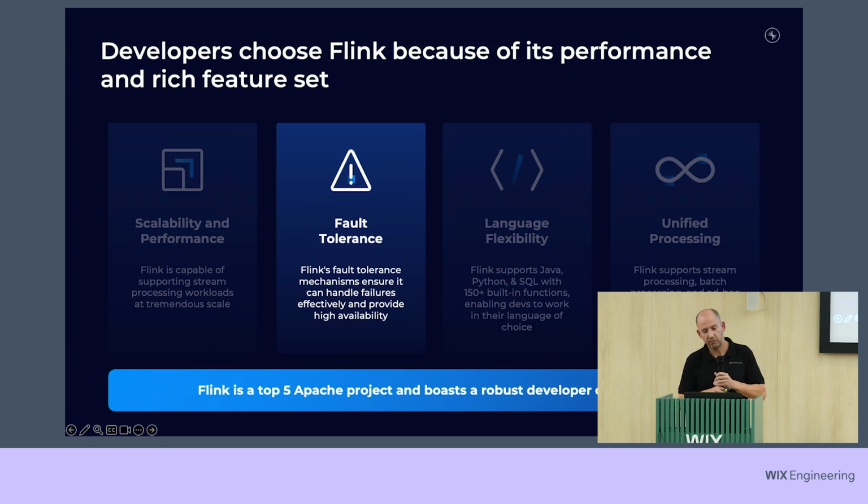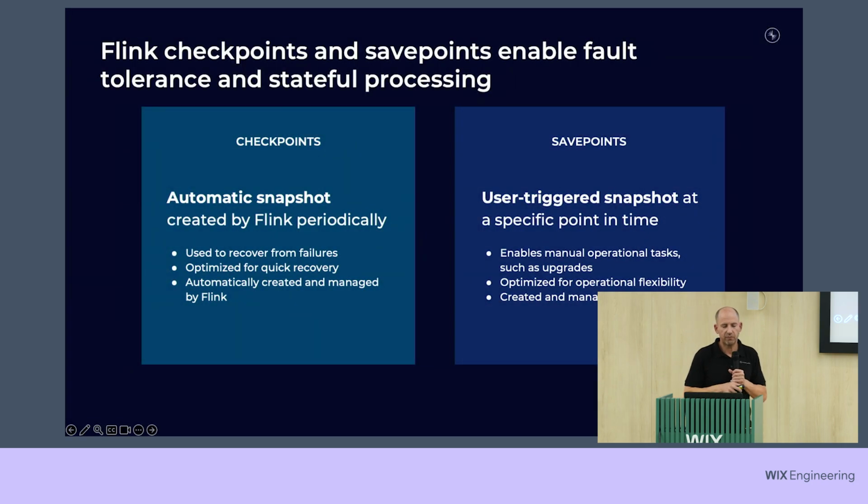The second thing is fault tolerance. Okay, it means that it can effectively run without losing data, with high availability. So Flink has two mechanisms for achieving that. One is called checkpoints, and the second one is savepoints, which are quite the same but managed a little bit differently.